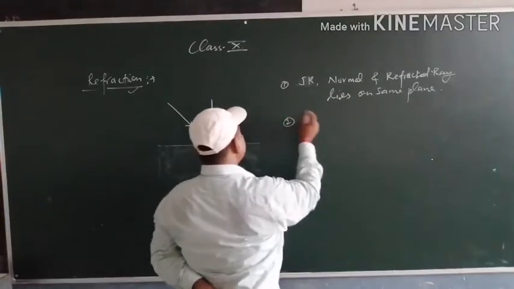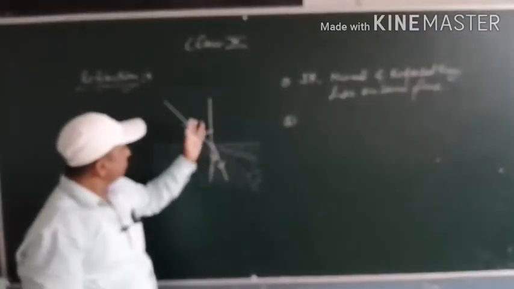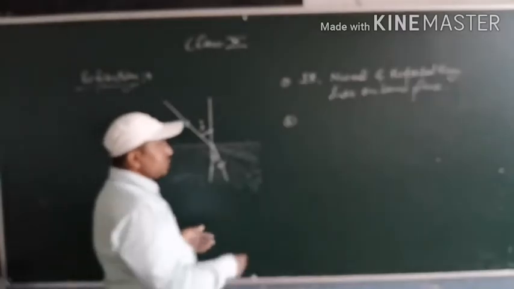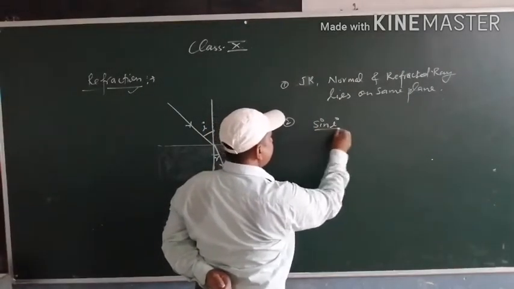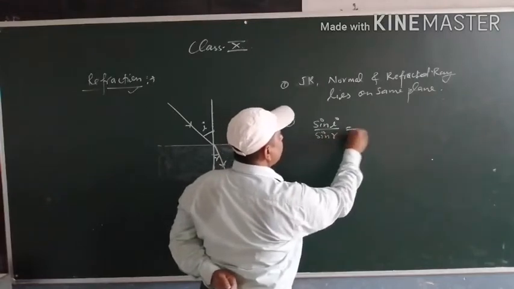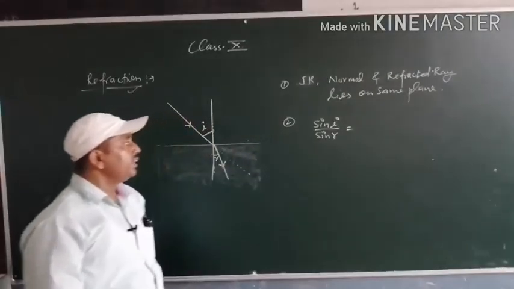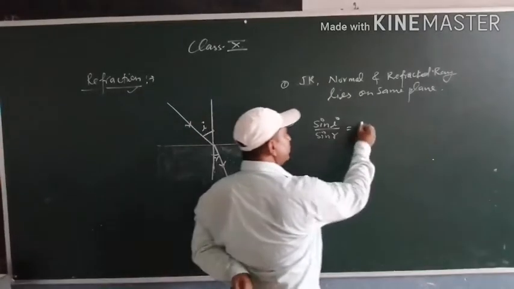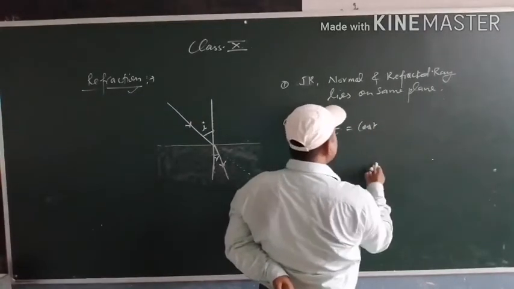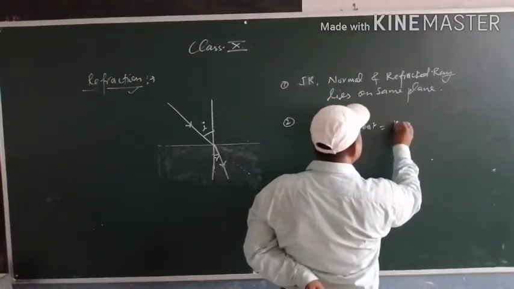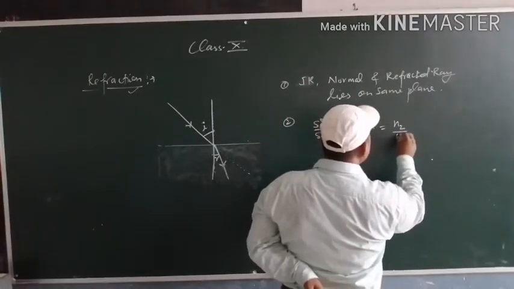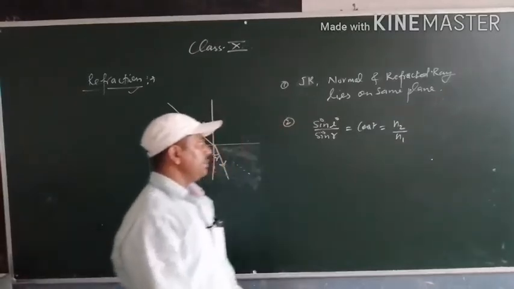And second, the ratio of the sine of the incident angle to the sine of the angle of refraction is a constant, and that constant is known as the refractive index of the second medium with respect to the first medium.